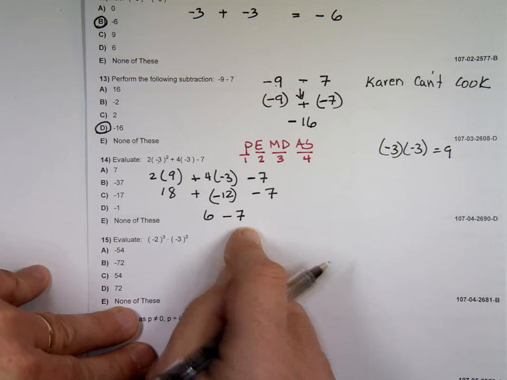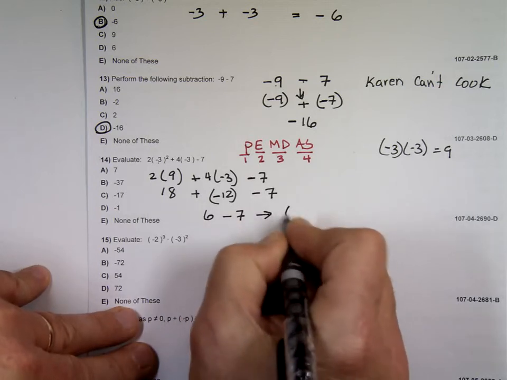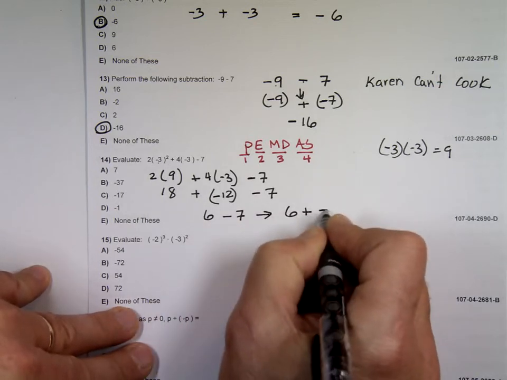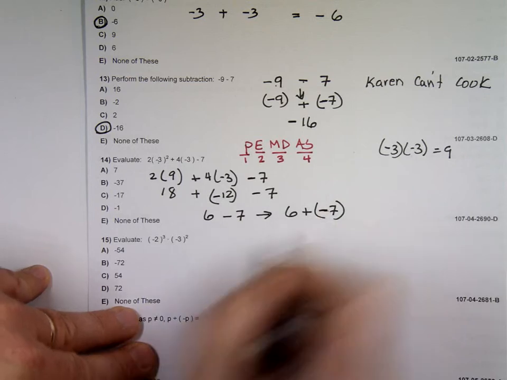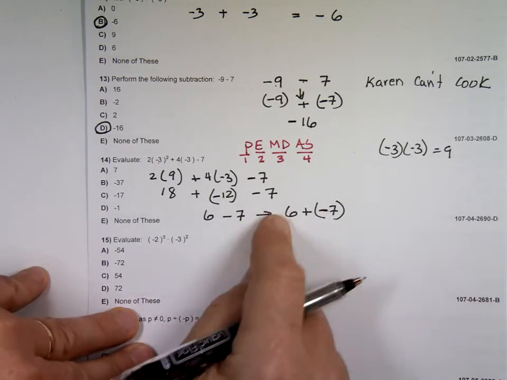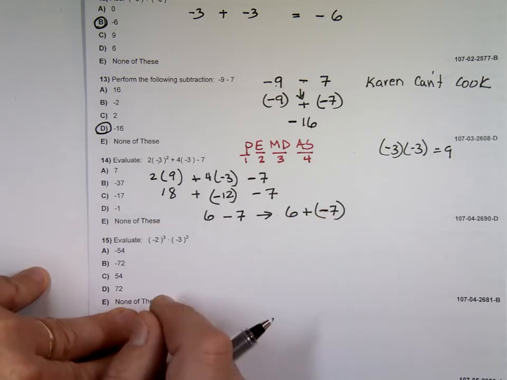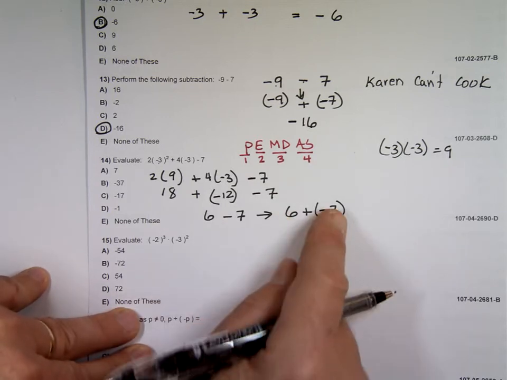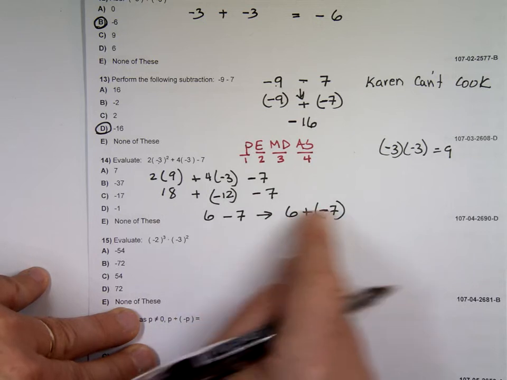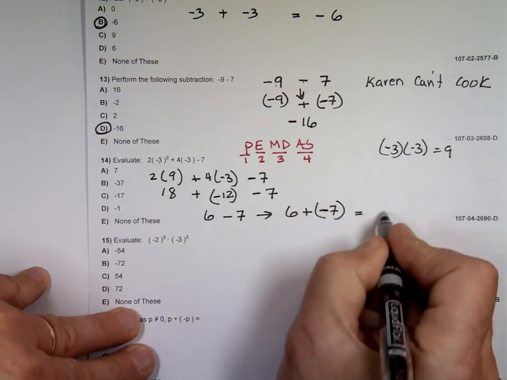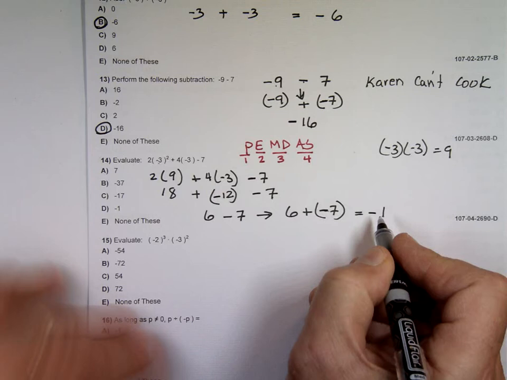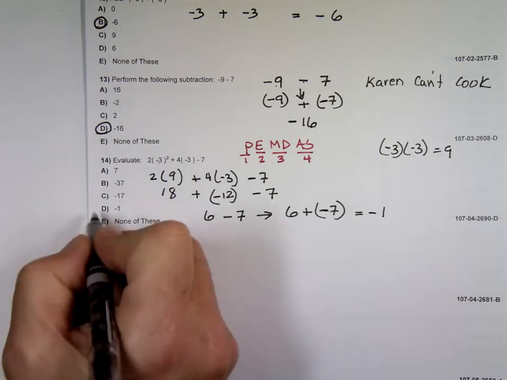Subtraction becomes keep, change, change. Keep, change, change. Opposite sign. Subtract the number with a smaller absolute value from the other one. 6 from 7, which is what? 1. The result is negative 1.